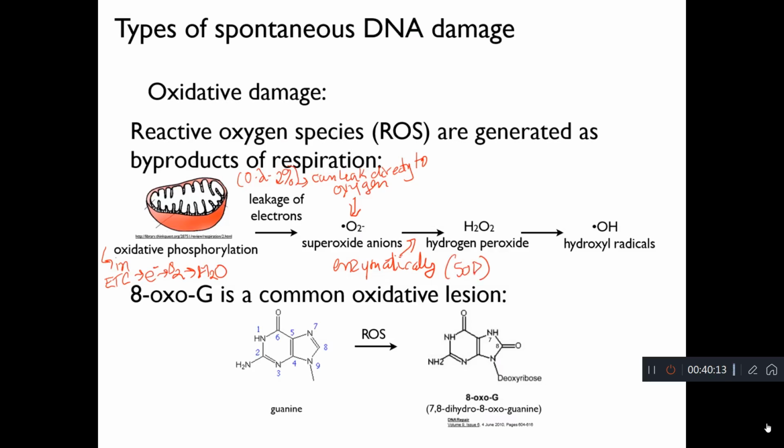What's interesting about hydrogen peroxide is that it is not a particularly strong oxidant, and in fact the conversion of superoxide anions to hydrogen peroxide is kind of a detoxifying event. Nonetheless, the issue with hydrogen peroxide is that it can cross membranes readily.